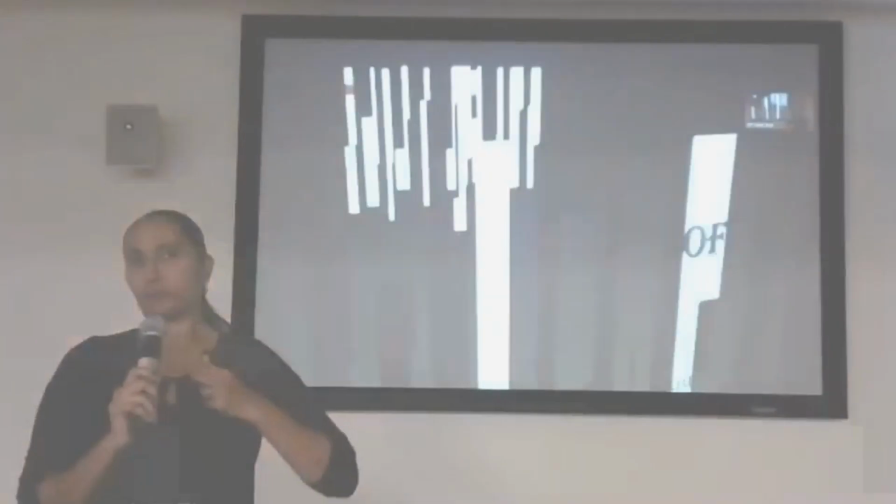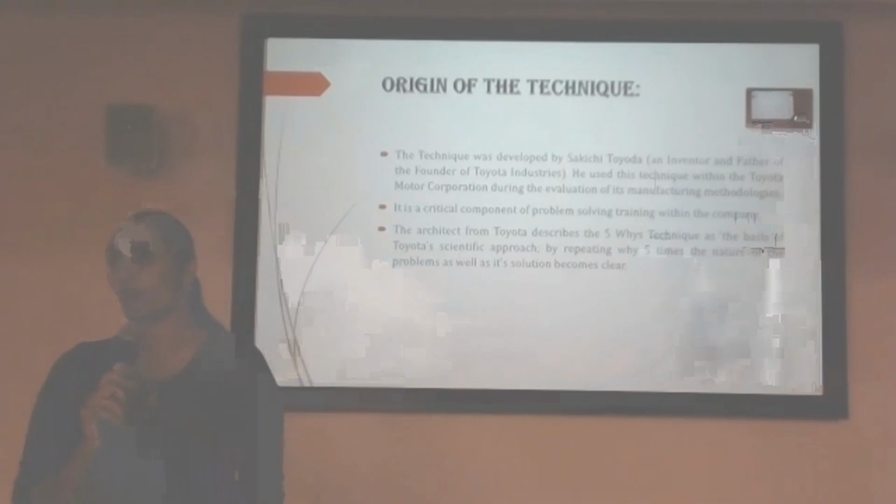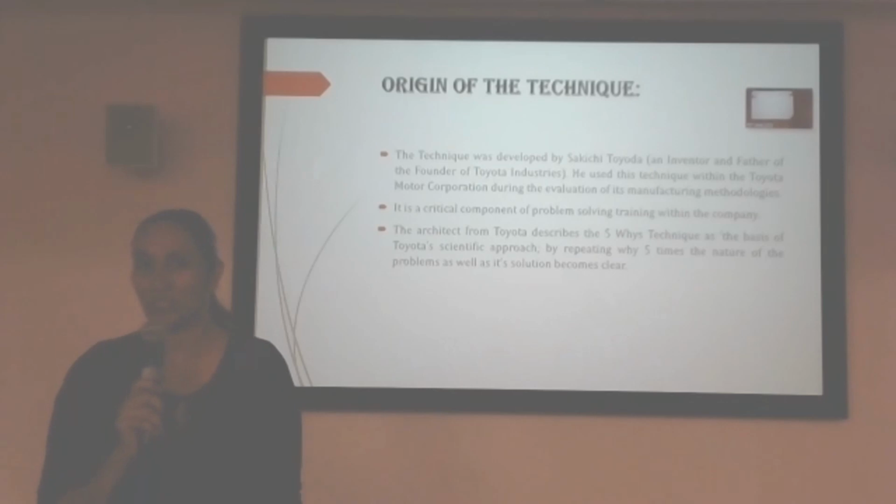But where did this technique originate? Well, the technique was developed by Sakichi Toyoda, an inventor and the father of the Toyota automotive industries. He used this technique within the Toyota Motor Corporation during the evaluation of its manufacturing methodologies.